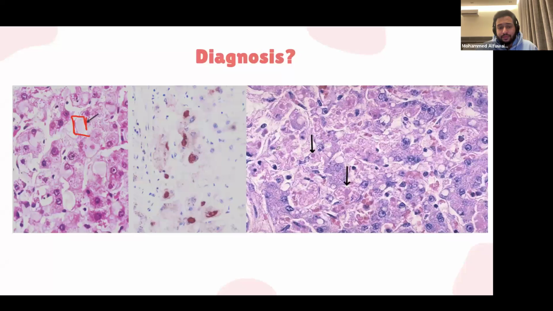What is this? Cancer in body, good. How about this? Good. This is balloon degeneration. Good. Hepatitis B.